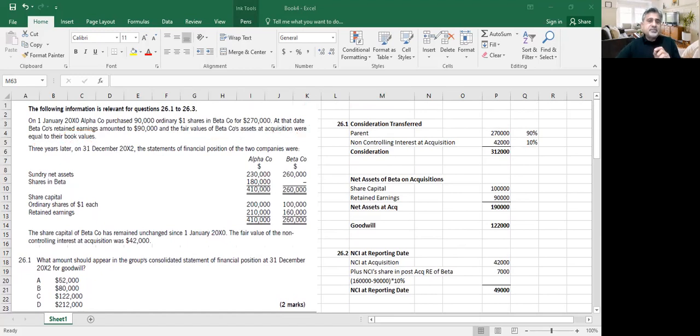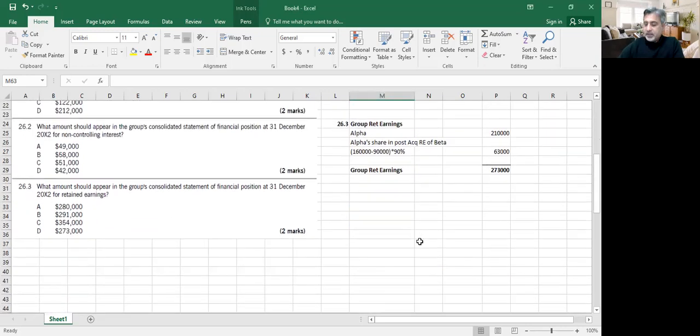But sometimes there will be a difference because your book value is different than the market value. So you need to make a fair value adjustment. Plus, it is also possible that when you do consolidation, most commonly, this is a parent and this is a subsidiary. This is what we discussed in the first lesson as well.